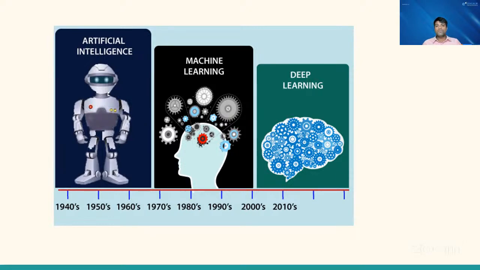After a few years, what happened is that the birth of machine learning came into existence. The focus was on how to learn. For example, if we want to do a particular thing, as human beings we do it from experience.